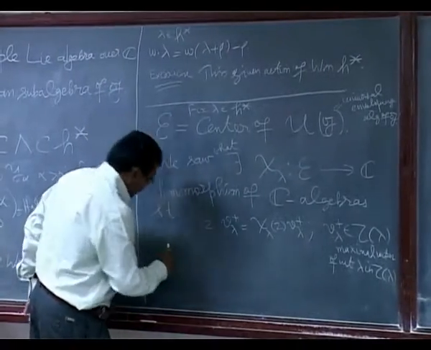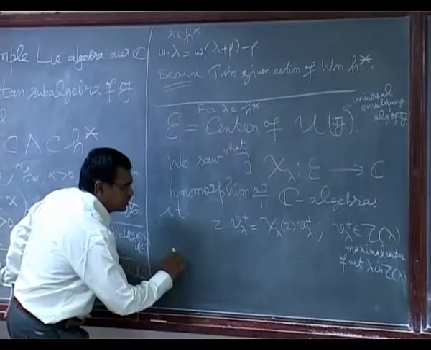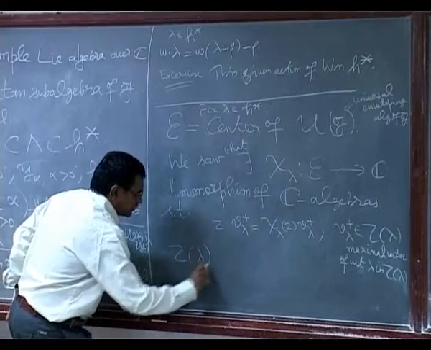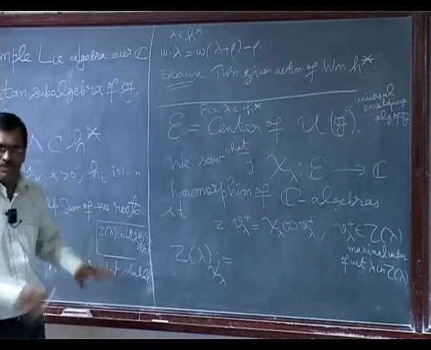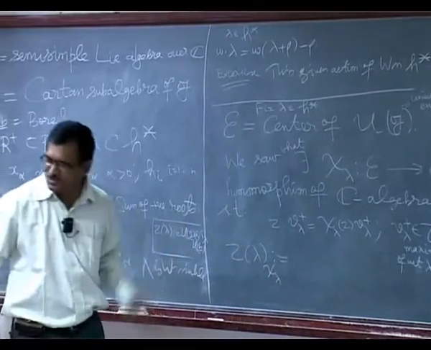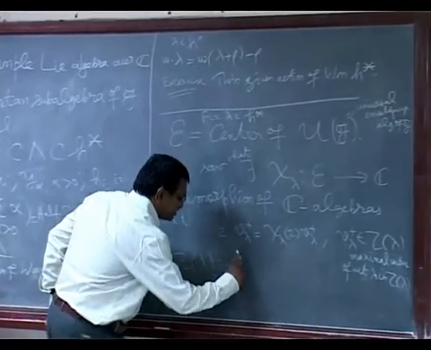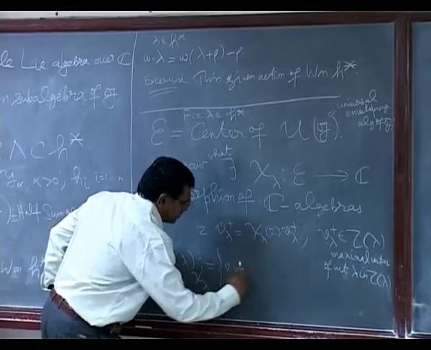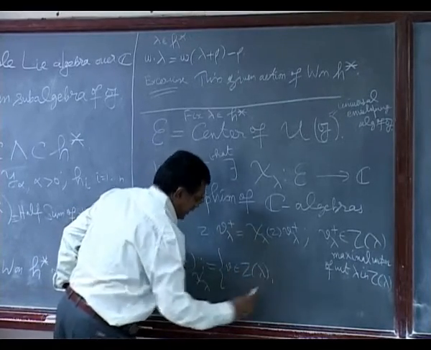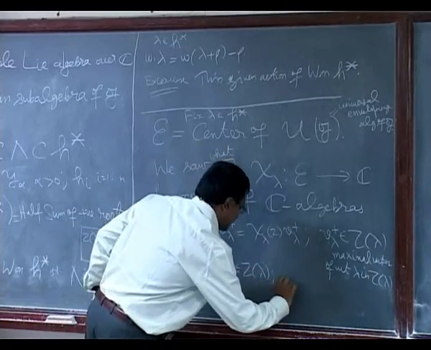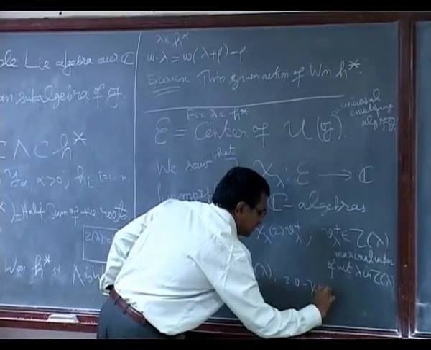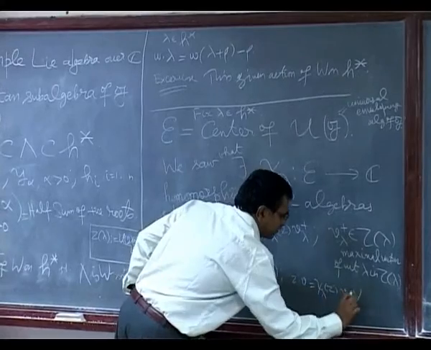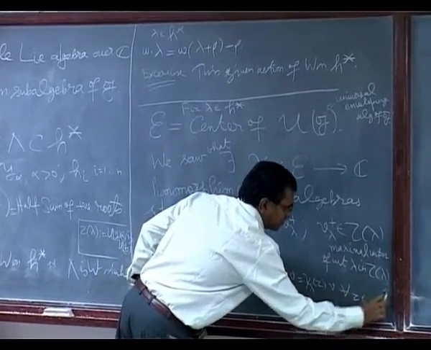Now, look at this Z lambda notation. This is just some notation. Don't worry if it is in the book or not. Because of the character, I am just using that notation. So, all those v in Z lambda such that z times v is chi lambda of z times v for every z in the epsilon.